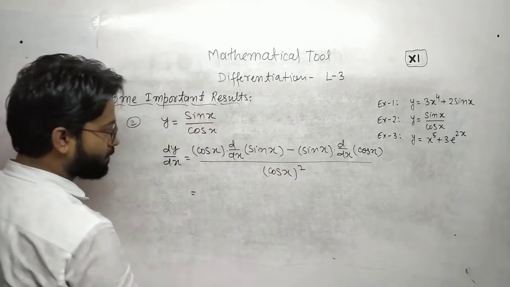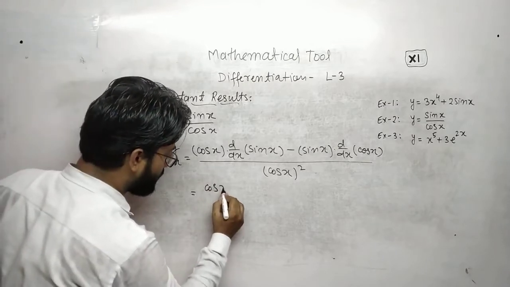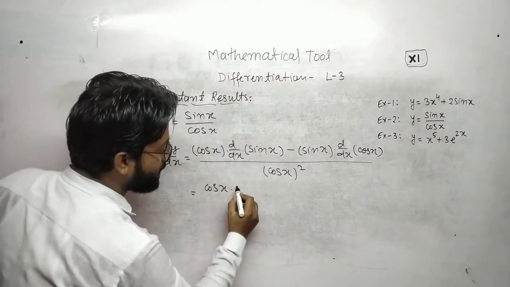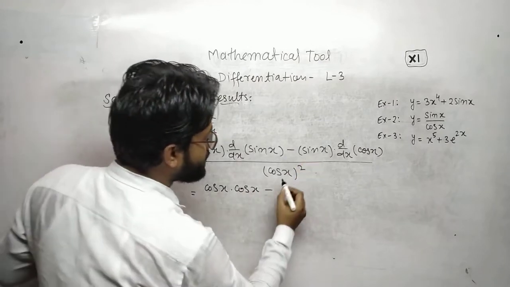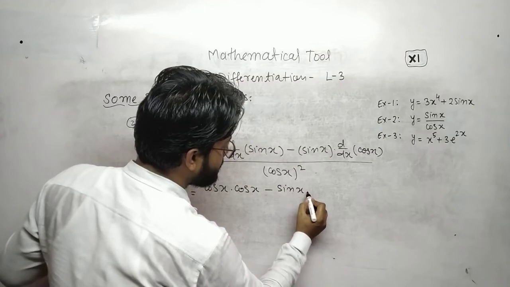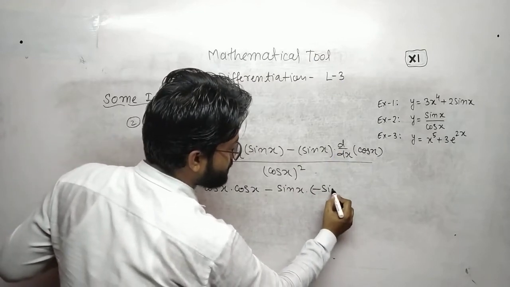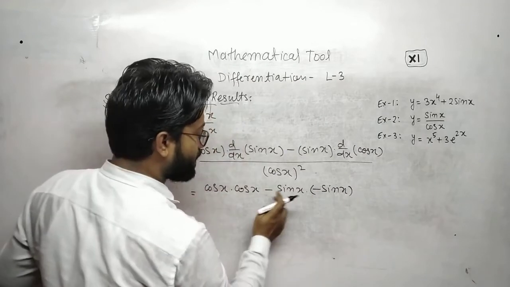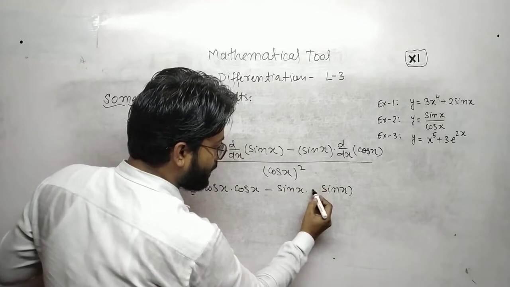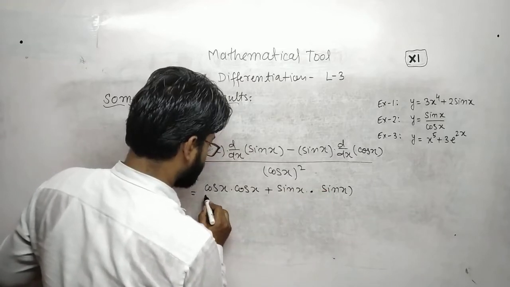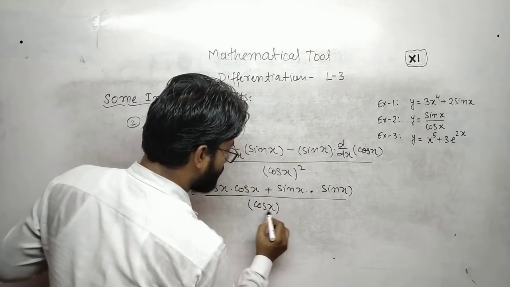Hope you are understanding. Now this is cos x, and differentiation of sin x is also cos x, minus sin x as it is. Differentiation of cos x is minus sin x. This minus will become plus, so this is plus, upon cos x whole square.